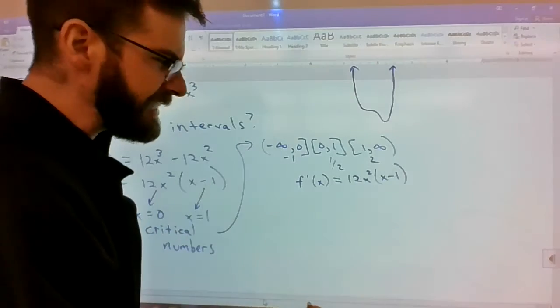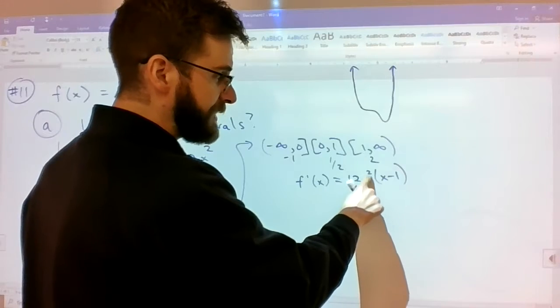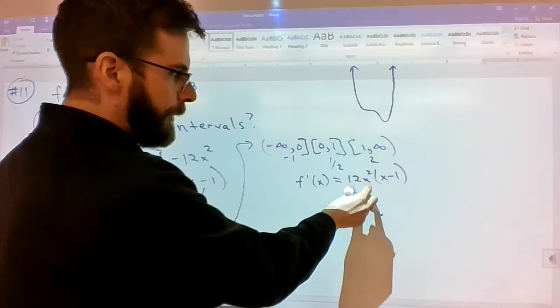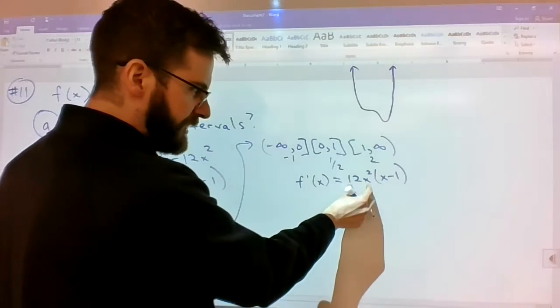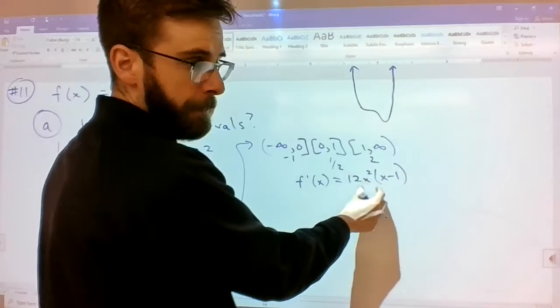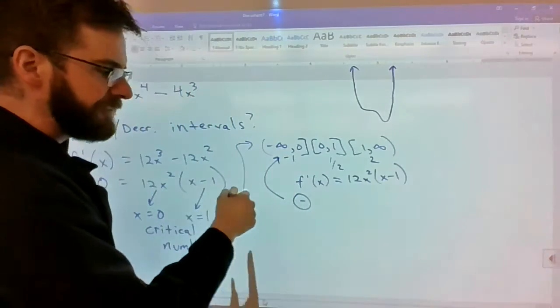The reason why I think it's easier is because when you take negative 1 and square it, it makes it positive. All right, so all I got to know is that when I plug in negative 1, it's a positive number times negative 1 minus 1, which would be a negative number. Positive times a negative is negative. So we're decreasing from negative infinity to 0.